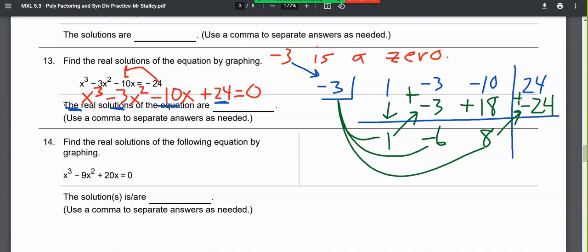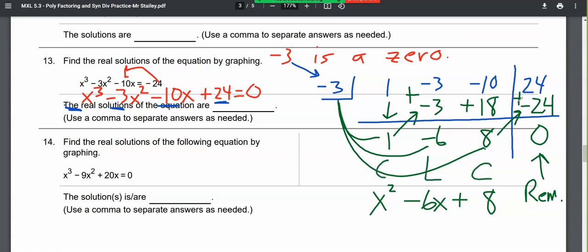Folks, everybody on these questions should be getting a remainder that is 0. That's your remainder. Then we've got the constant. Then we've got the linear. Then we've got the quadratic. Right? Constant, linear, quadratic.